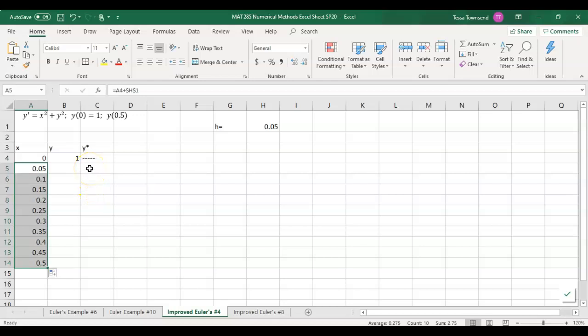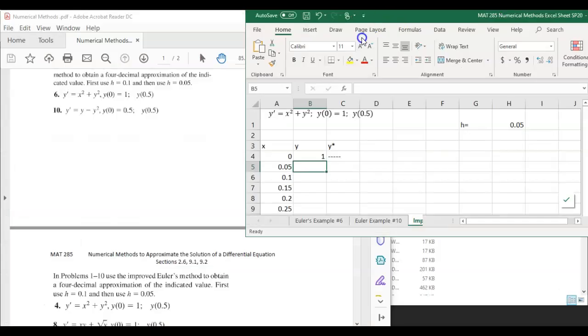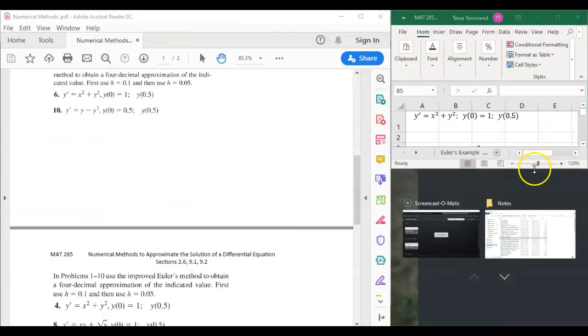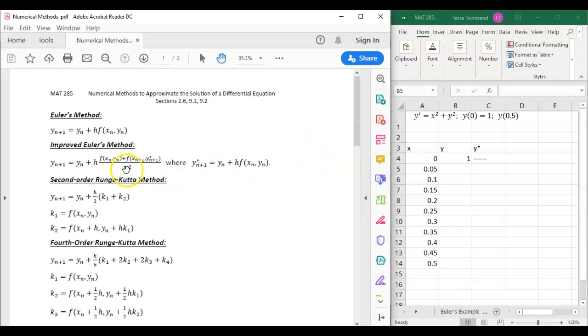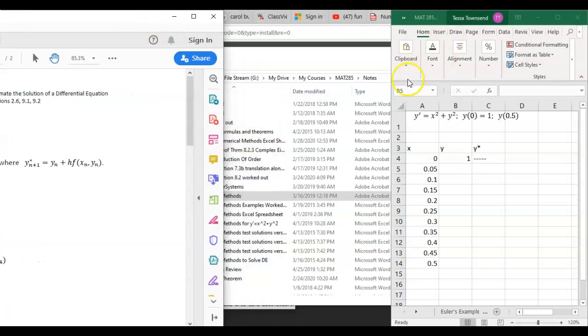Now we need to compute what's going on in this y star before we figure out y. Remember that the formula for y really depends on what y star is. Going back up here, I've got to do this guy first, and then I'll be able to use this, referencing this y sub n.